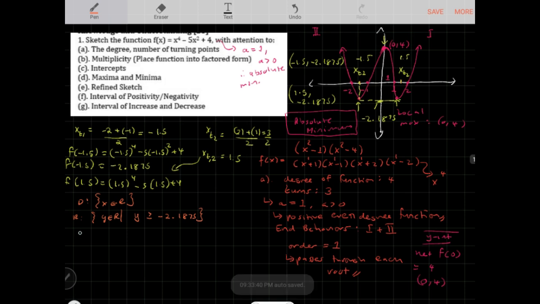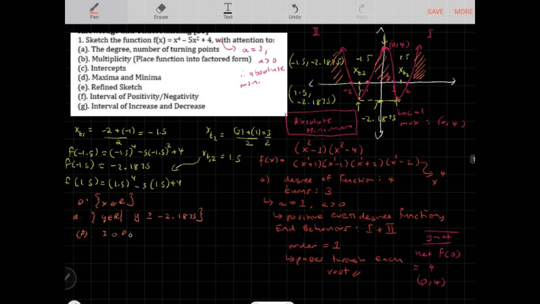And intervals of positivity and negativity is just referring to where the function is positive and where it is negative. Anytime it's positive, it's going to be above the x-axis, so you're going to have to look between the intercepts.